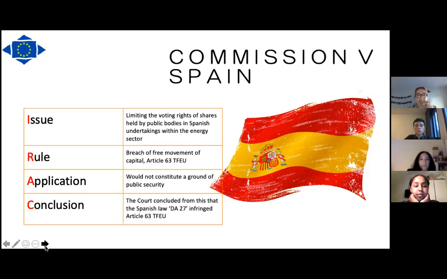The court found that it was undeniable that the objective of guaranteeing the security of energy supply in the event of a crisis in the territory of a member state would constitute a ground of public security. The court then concluded that the Spanish law DA 27 was an infringement of Article 63 TFEU.